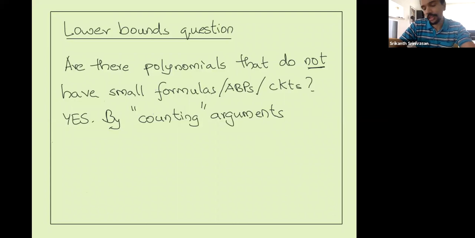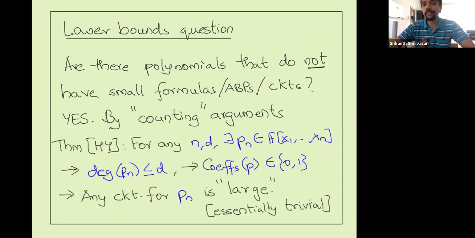And in fact, there is an even nicer version of this. Rubesh and Yehuda showed, by generalizations of these counting arguments, that there are polynomials whose coefficients are just zeros and ones, such that any algebraic circuit computing this polynomial is very large. And what does large mean?